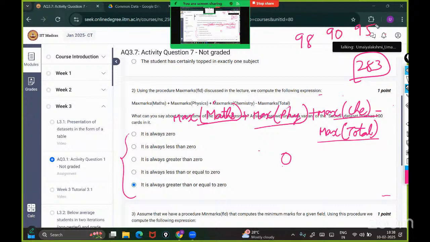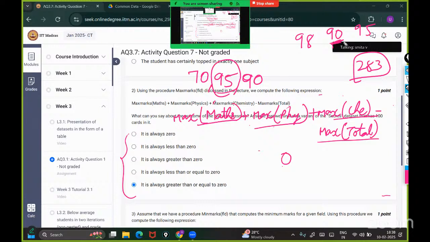But there is one person who has scored 98 in physics and less in some subjects, I'll just write the marks here, 70, and then 95, and here he has scored, let's say, 90. So this is also a possibility, right? Now this is the maximum in physics. This is not the maximum anymore, right?